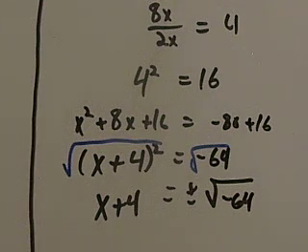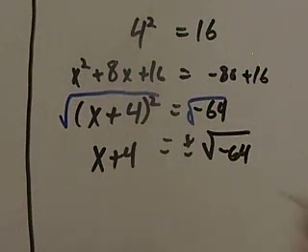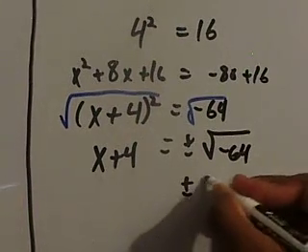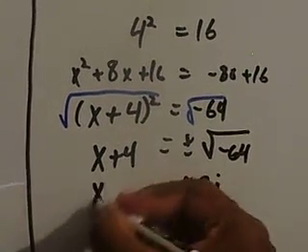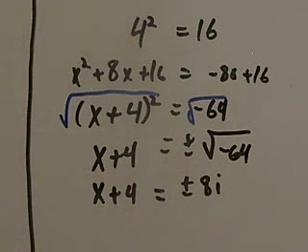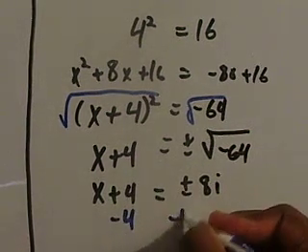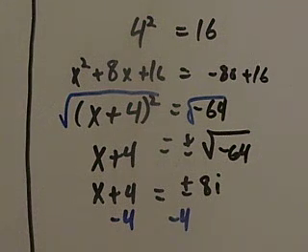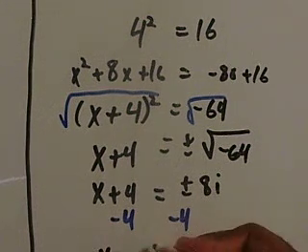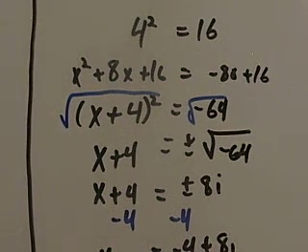Well, the square root of negative 64 just ends up with plus and minus 8i. x plus 4 equals plus and minus 8i, okay. And then next we're going to subtract 4 from both sides. And so that will give us x is equal to negative 4 plus and minus 8i.